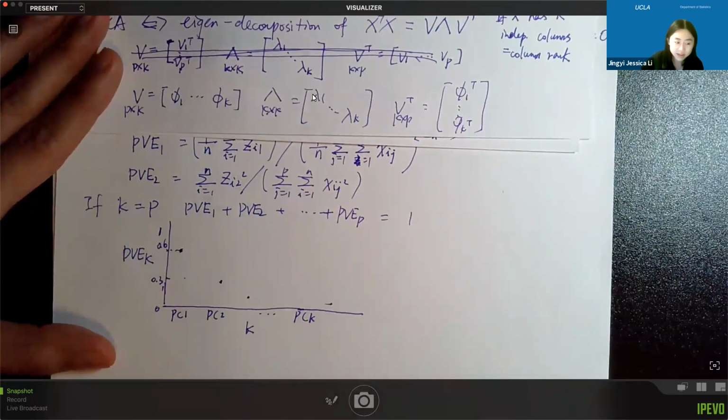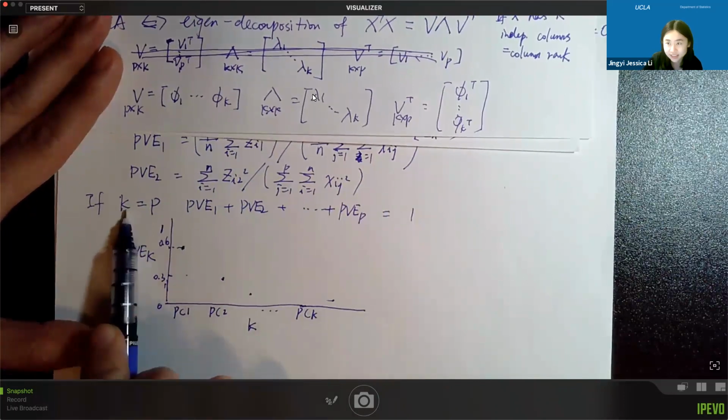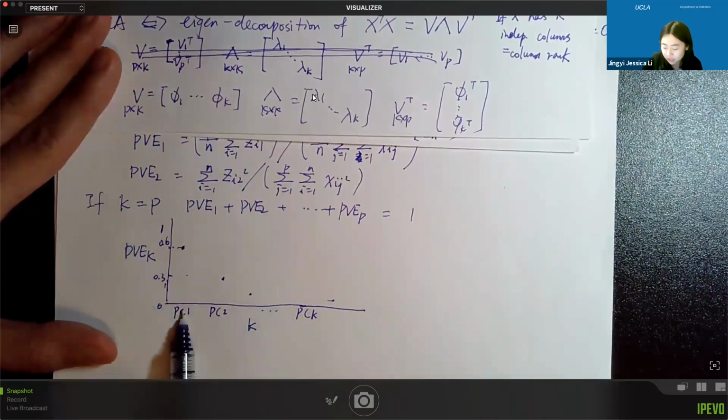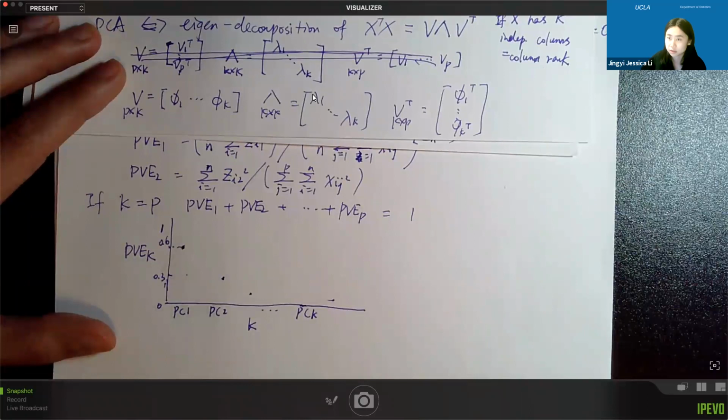Also, a nice property about PCA is that no matter what K you set, the PCs will stay the same. Let's say if I set K equals 2, PC1 and PC2 will be the same as if I set K equals 3 and go down to PC3. This is also guaranteed by the eigenvector property.